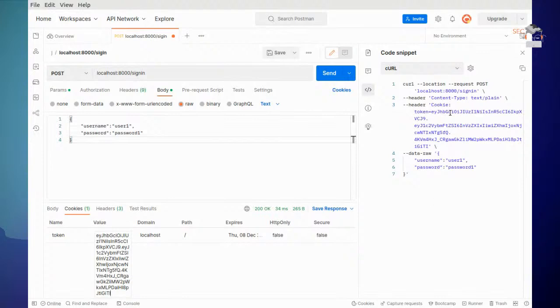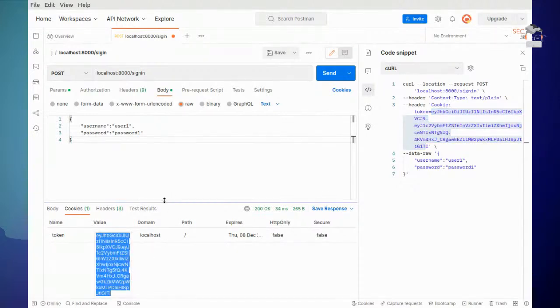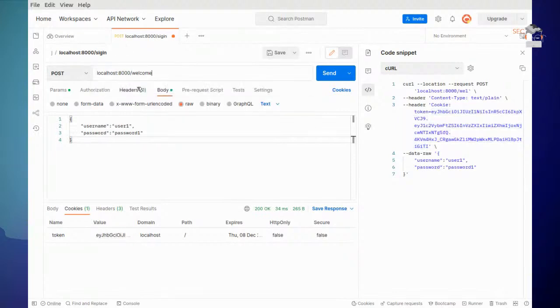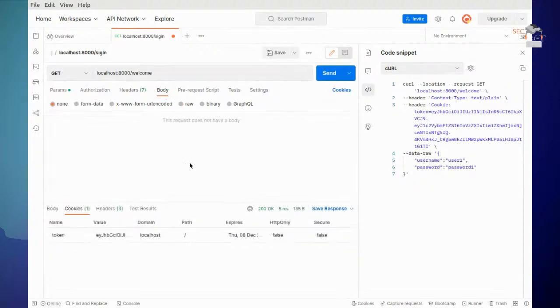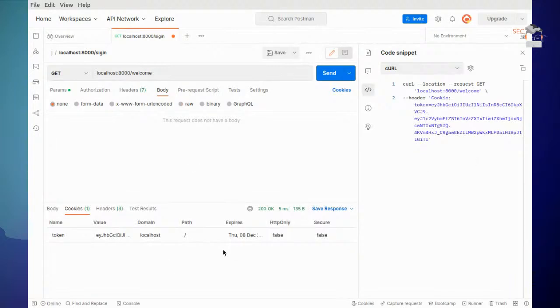So let me see if I can break this down and show you what it's supposed to look like. Oh wait, before we move on, let me also show you that this is allowing us to access the web pages. There you go.